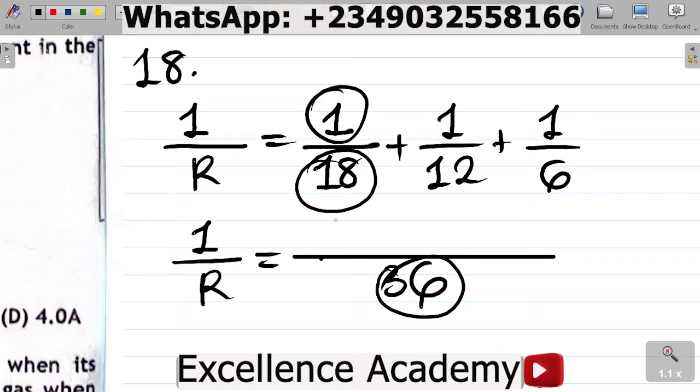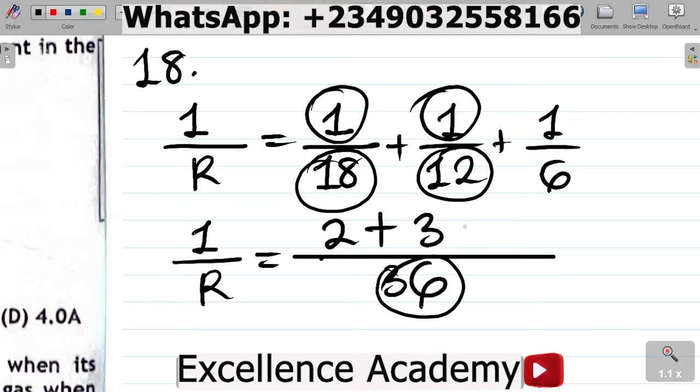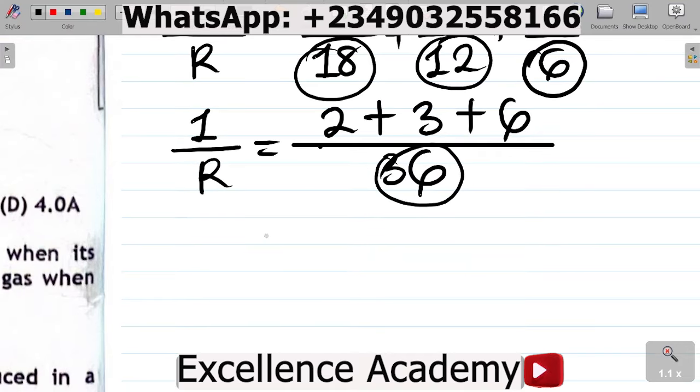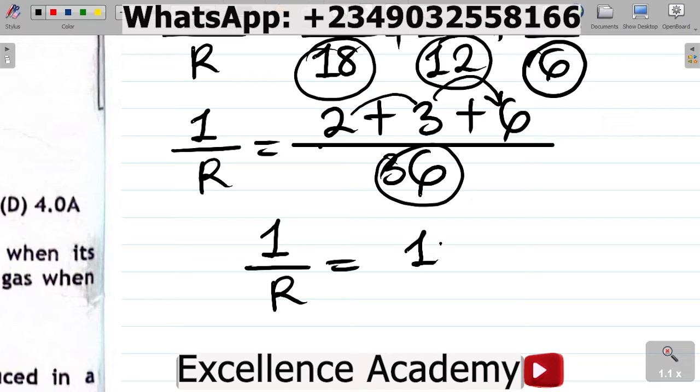2 times 1 here gives you 2, plus 36 divided by 12 gives you 3. 3 times 1 gives you 3, plus 36 divided by 6 gives you 6. 6 times the 1 above gives you 6. Working on this, I have 1 over R is equal to 2 plus 3 is 5, 5 plus 6 is 11, so 11 all over 36.